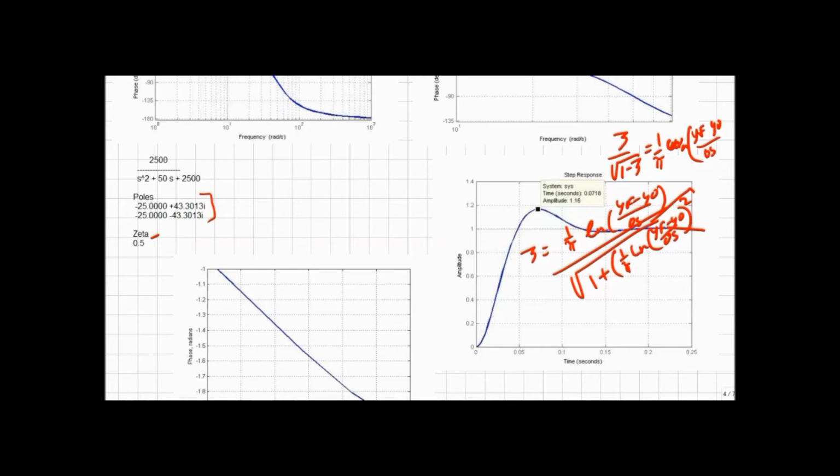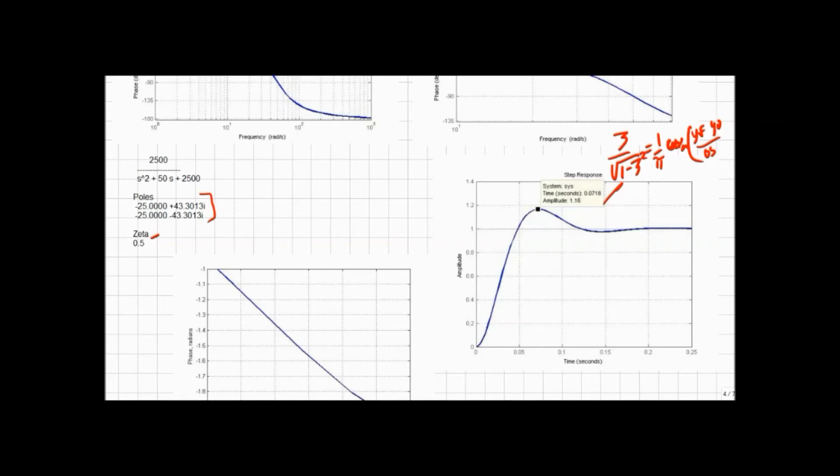And I can't really use the small zeta approximation. If we were to use it, we basically ignore this 1 minus zeta squared. Sorry for the dead air space there. If I use the small zeta approximation, I assume that 1 minus zeta squared is equal to 1 when I take the square root of 1 minus zeta squared.